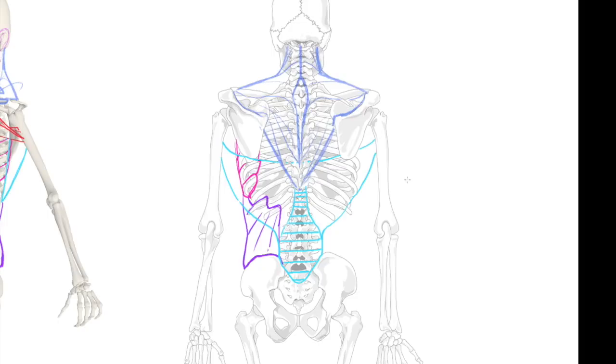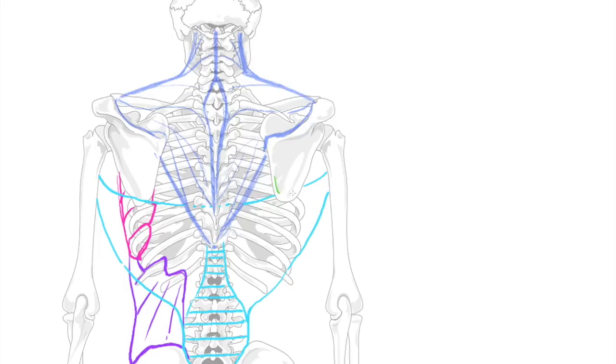If you look at the back view, there are 3 more muscles on the shoulder blade. We're gonna group them into one. So there's one muscle behind.